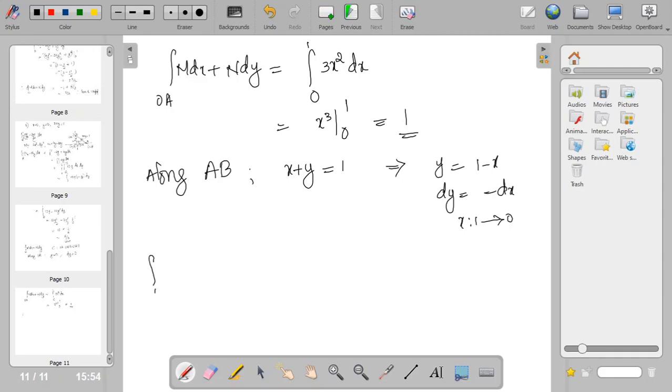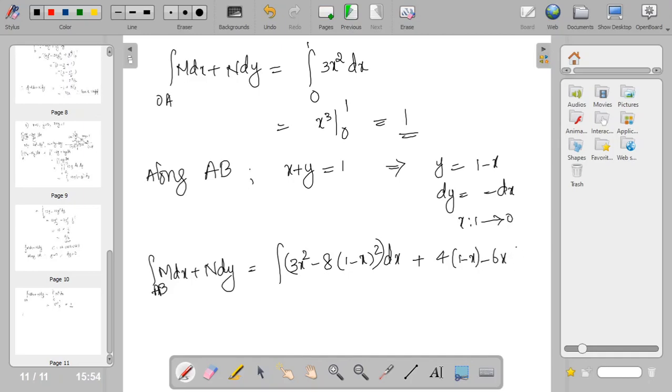So integral over AB m dx plus n dy will be equal to integral 3x square minus 8y square, വരുമ്പോൾ 1 minus x whole square dx plus 4 into 1 minus x minus 6x into 1 minus x, minus dx, and x will vary from 1 to 0.